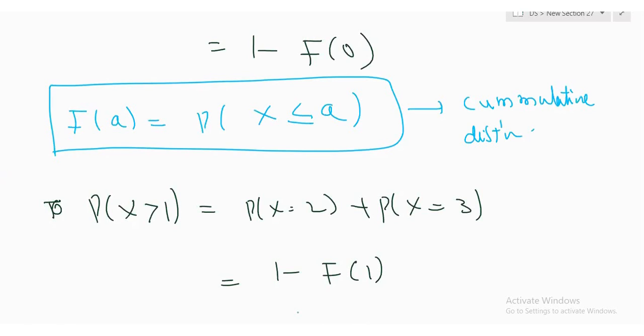Let's look at Hero Honda bikes. They want to give a warranty, right? They give a warranty like 1 year or whatever it is. If they want to decide whether to give 1 year, 2 years or 3 years, first they need to collect the data and study it.